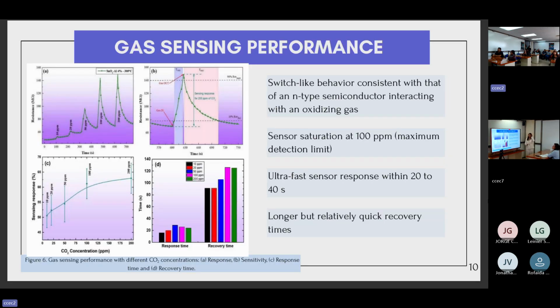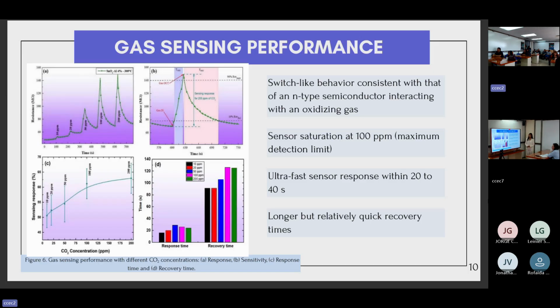And the most important thing here is the gas sensing performance, because we see in the graphs that our sensor has a switch-like behavior, which is consistent with an n-type semiconductor interacting with oxidizing gases.